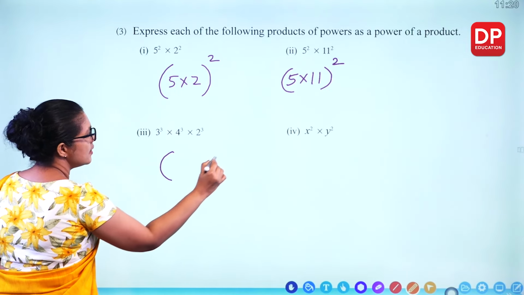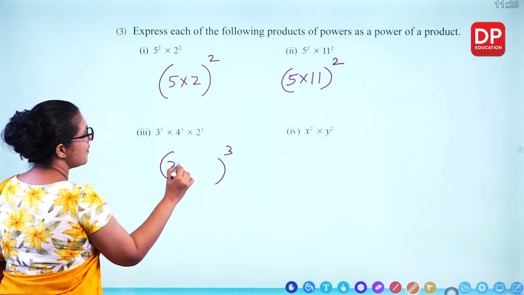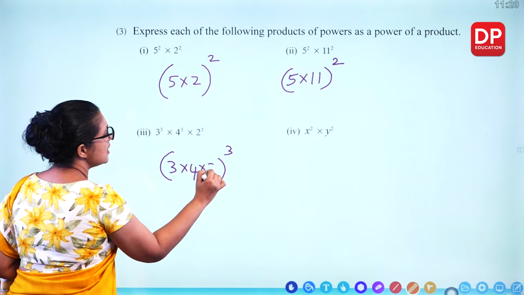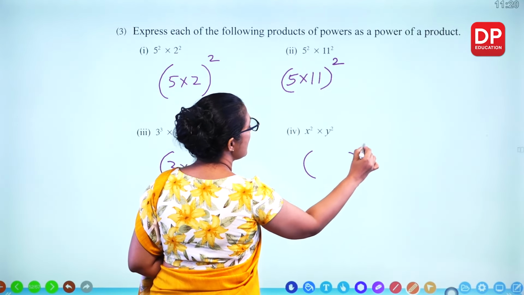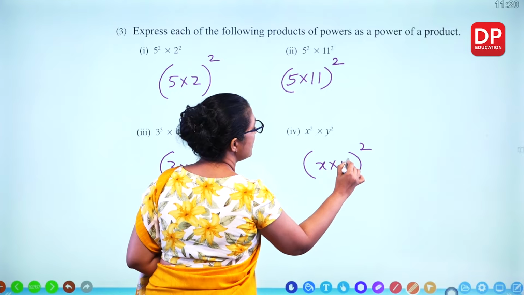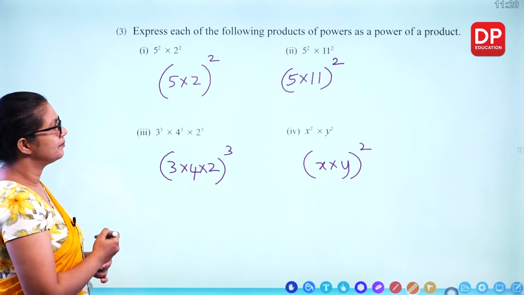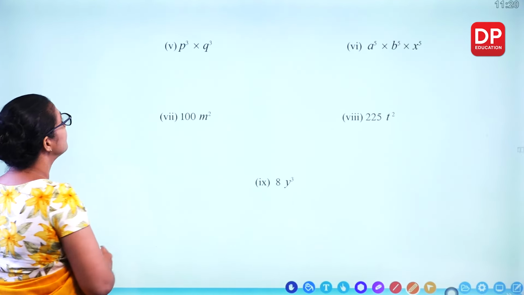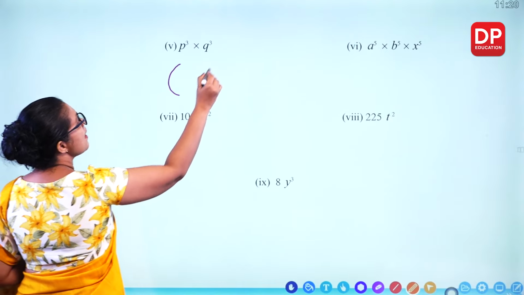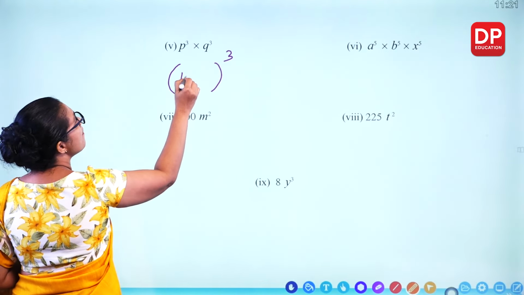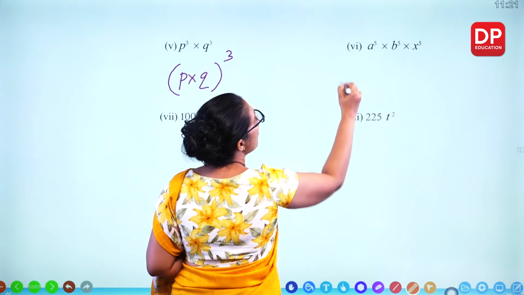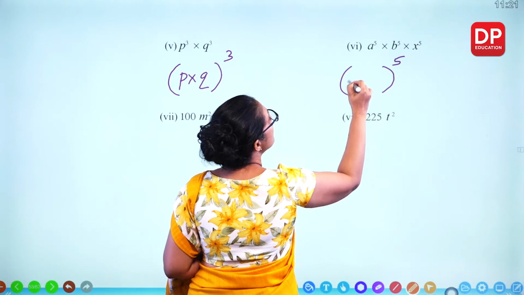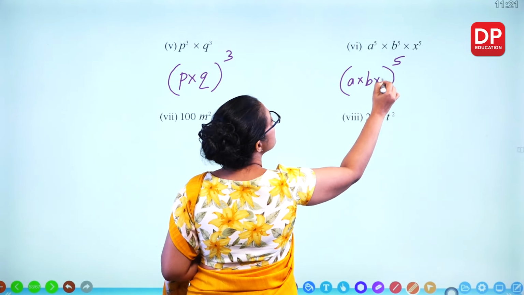Same power 3, so you can write the other numbers inside. This one, power 2 is there, x and y inside. Same power 3, p and q inside. Power 5, a, b, x inside.